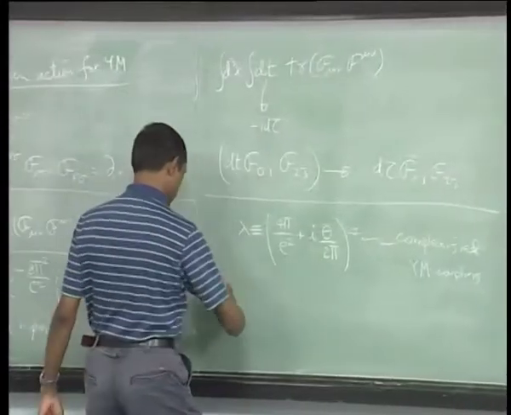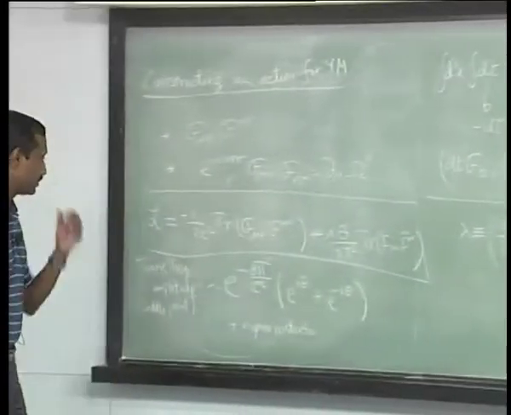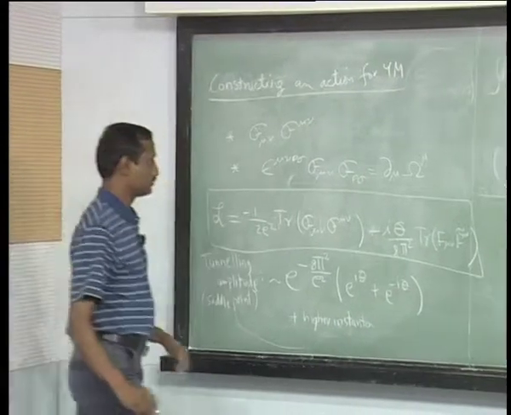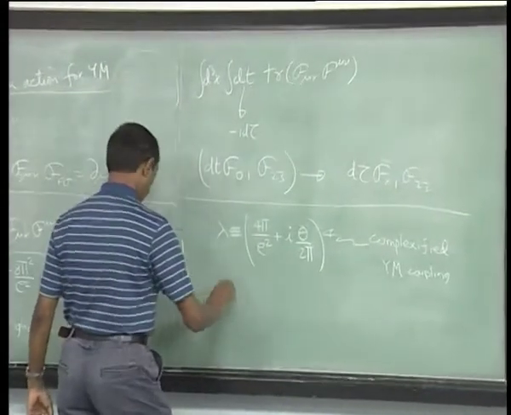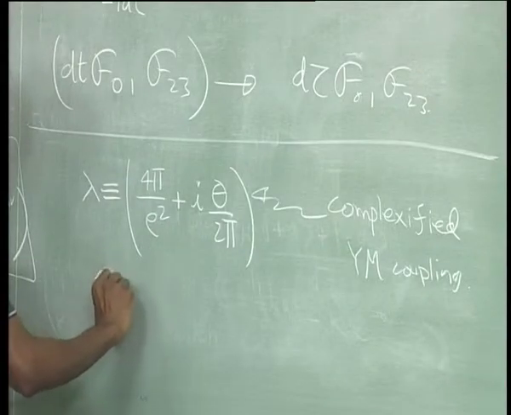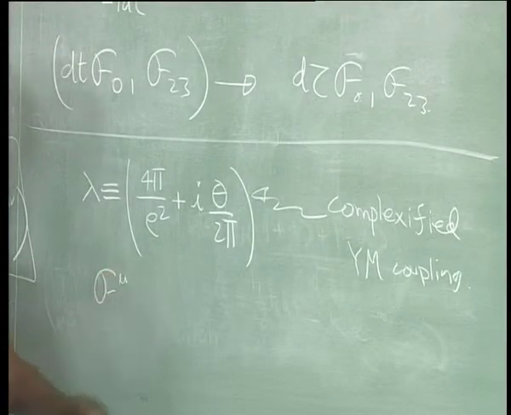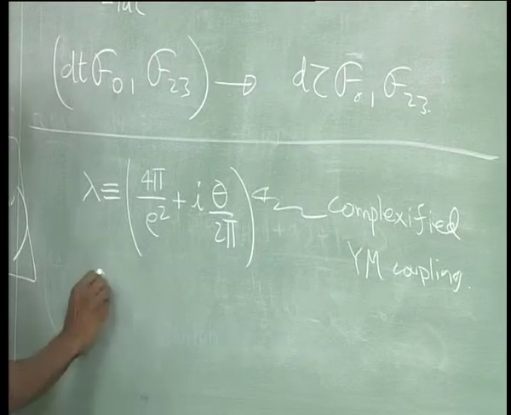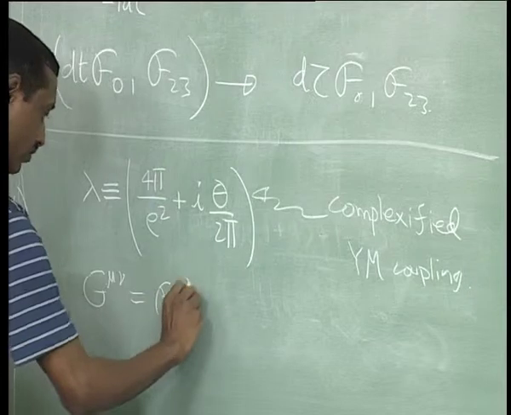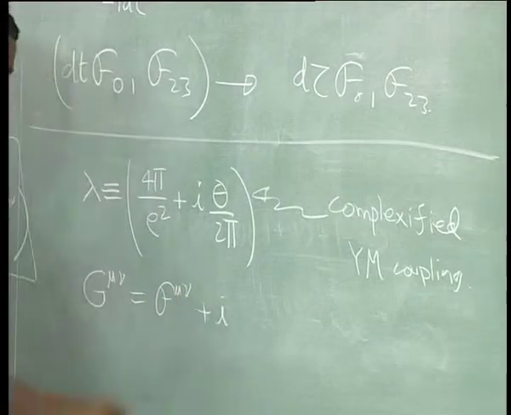So, how does that work? Let me define something called G mu nu to be F mu nu plus i times its dual.